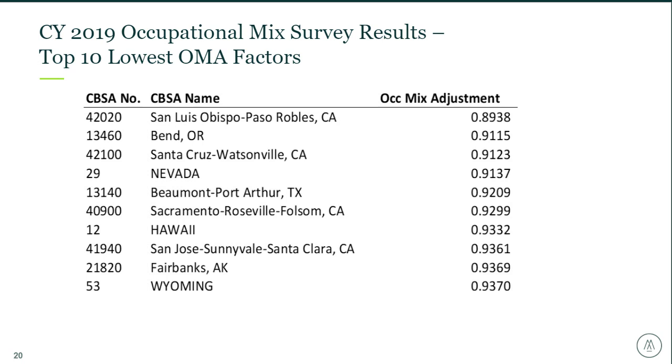It's worthwhile to dissect these ratios down a little further. So on the next slide, we're going to analyze the CBSA with the lowest OMA adjustment ratio, and that's the San Luis Obispo CBSA.